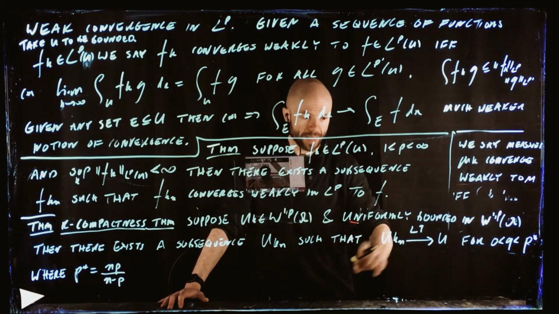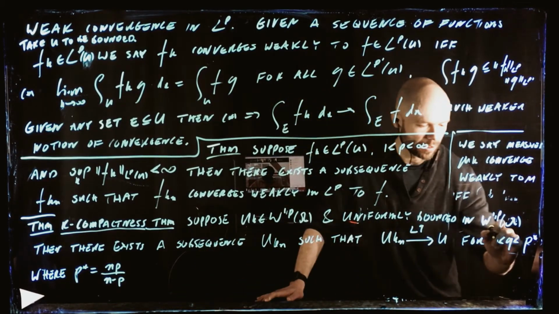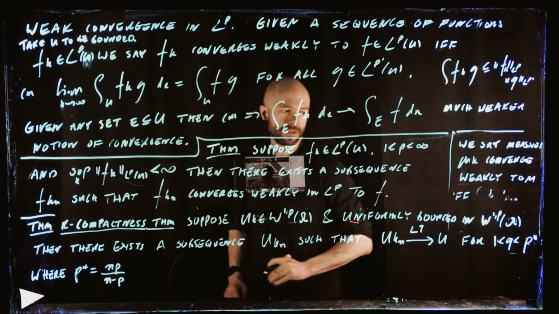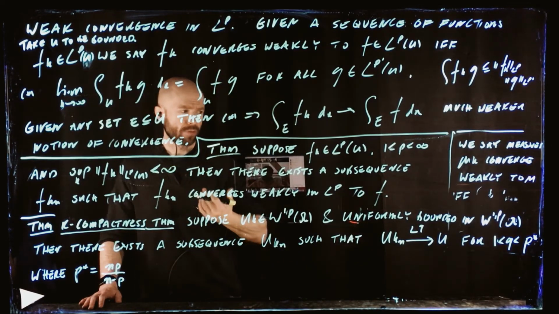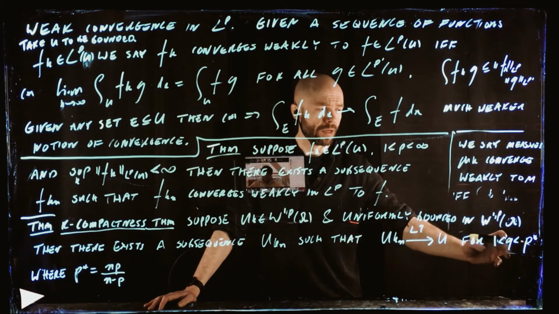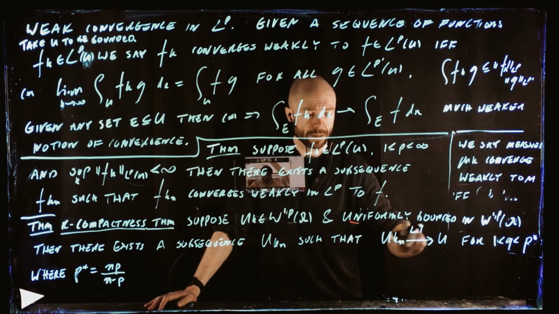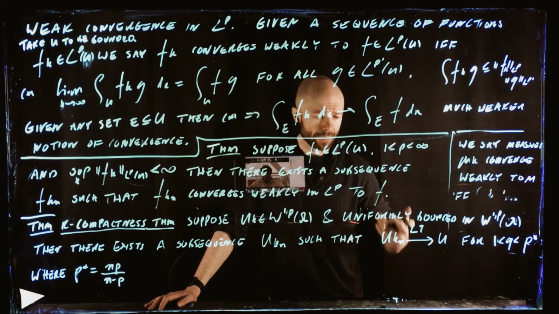But nevertheless, the subsequence will converge strongly for every q between 1 and p star. So just from this hypothesis, we know that it is integrable up to p. If we have something a little bit less, it's going to converge strongly in the L^q norm. Okay, so this is quite far-reaching.